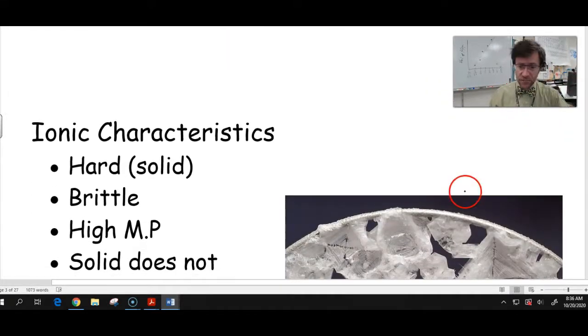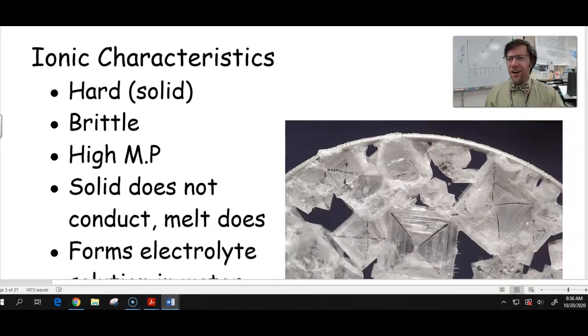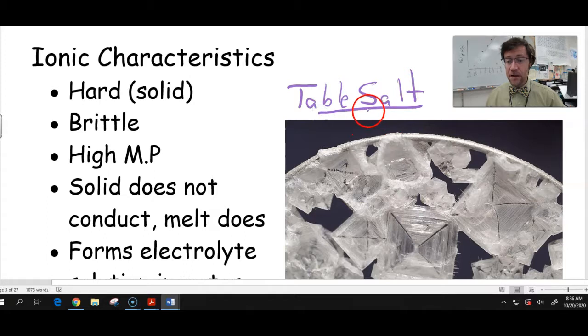All right, so that's how ionic things happen. So what are ionic things like? The best thing you could possibly lock into your brain is table salt, because that is a very ionic thing, and everybody knows what table salt is like.